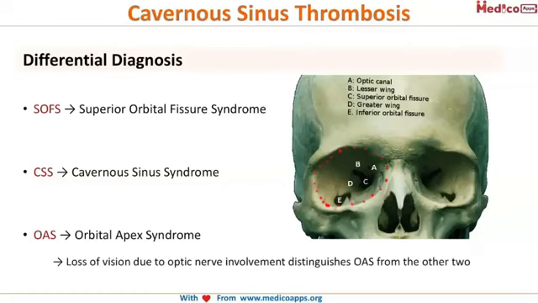Now there is loss of vision due to optic nerve involvement in orbital apex syndrome. So this differentiates it from superior orbital fissure syndrome and cavernous sinus syndrome. So when there is visual loss, you should think about orbital apex syndrome.